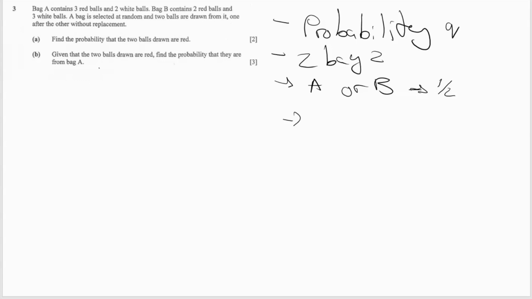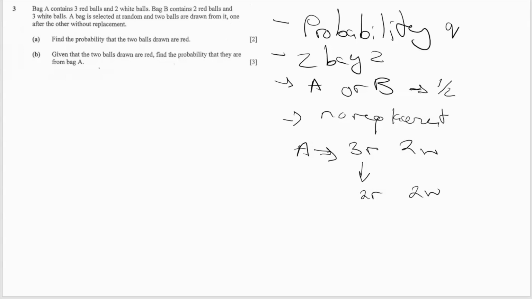But we are also given another condition that there is no replacement. So if there is no replacement, let's use bag A as an example. Bag A has 3 red and 2 white. If I pick the first red ball here, that means I now have 2 red balls and 2 white balls.